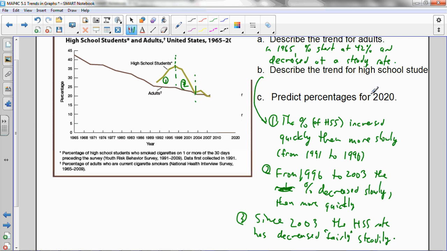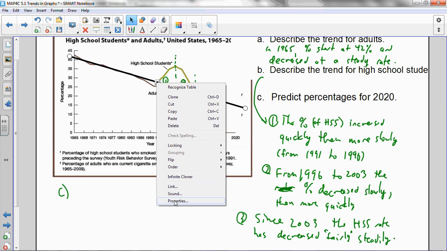It says predict the changes for 2020. Well, I'm going to do this in two different colors here. This one, I'm going to see if I can find a line that kind of follows the trend of the adult. And it's kind of like we've got to move on from where the trend was so far.